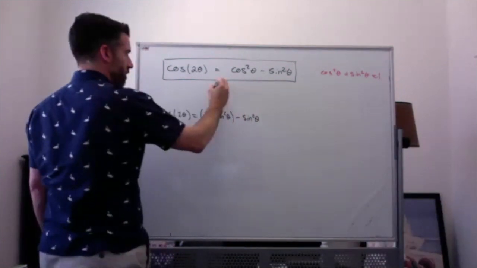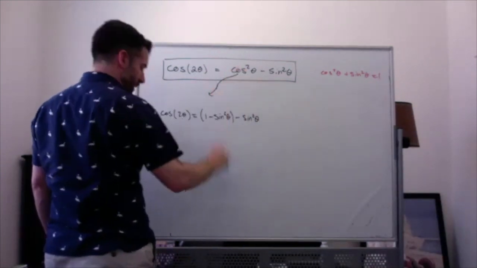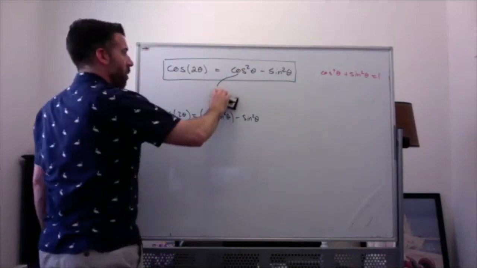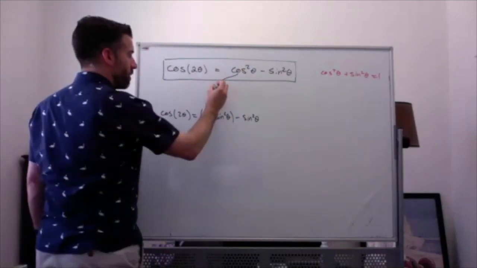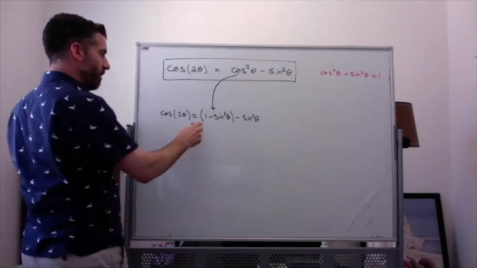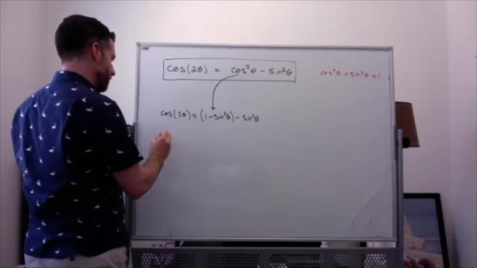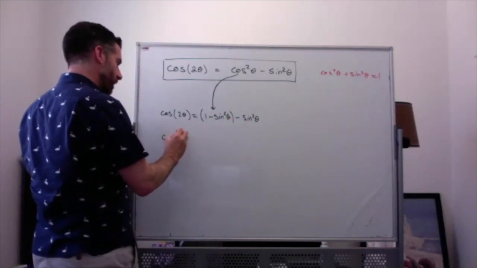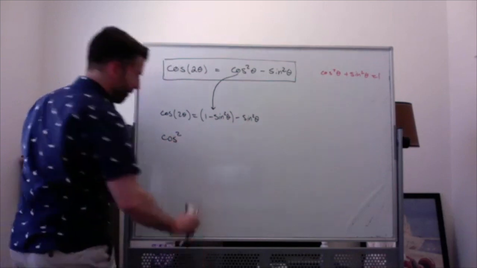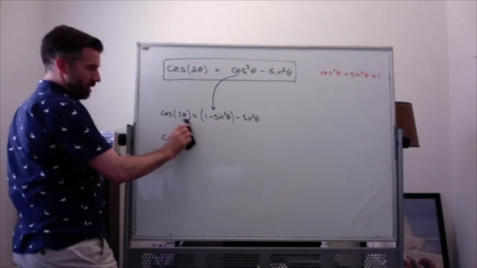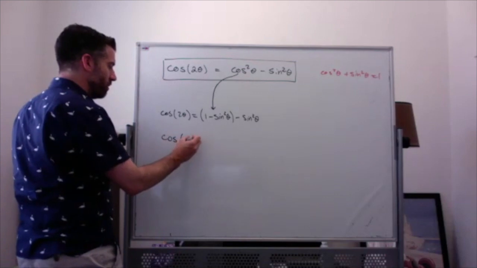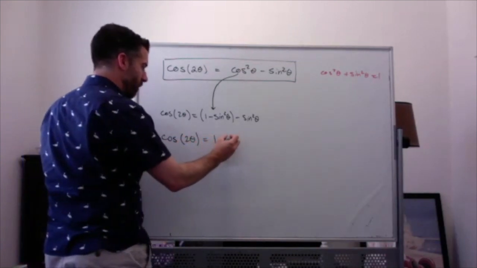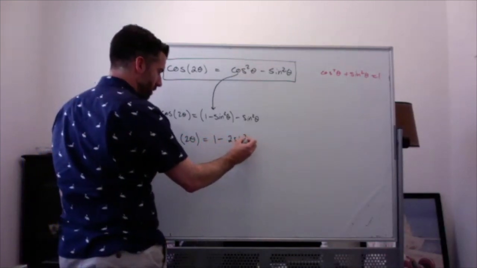Right? Specifically, cosine squared theta is becoming the 1 minus sine squared theta. And then that's 1 minus sine squared, which is 1 minus 2 sine squared. Don't let your 2's transform into squares. So we get 1 minus 2 sine squared theta.